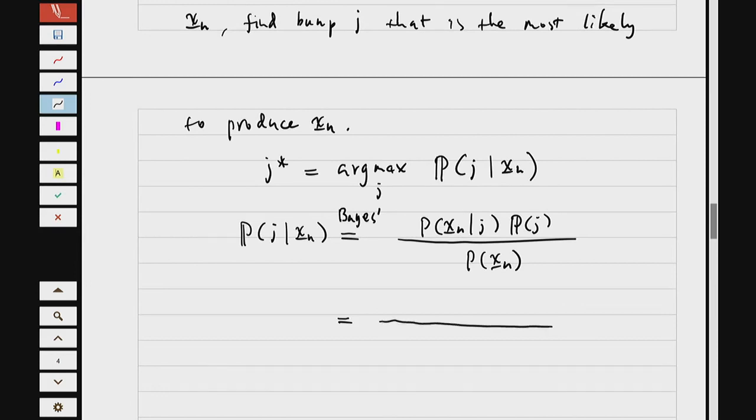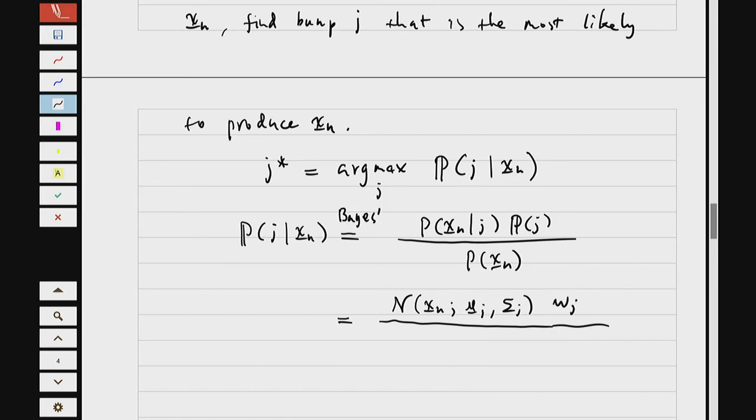Now, what is P of xn given j? Well, we already have that. That's just the bump density, the density of bump j, so N of xn with mu j, sigma j. What is the probability of j? Just wj, by definition.